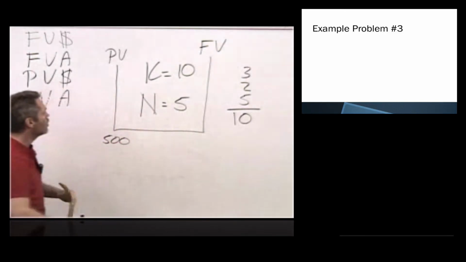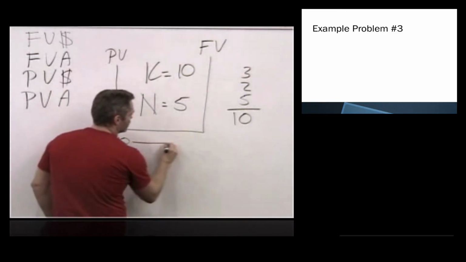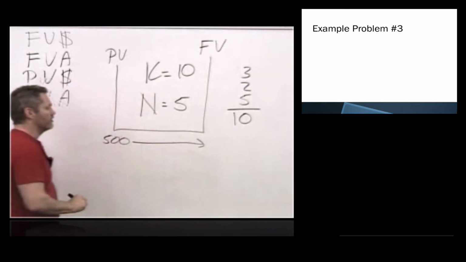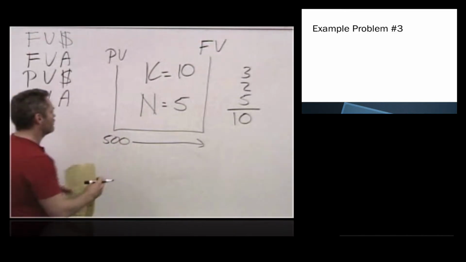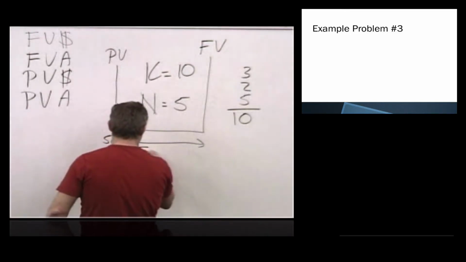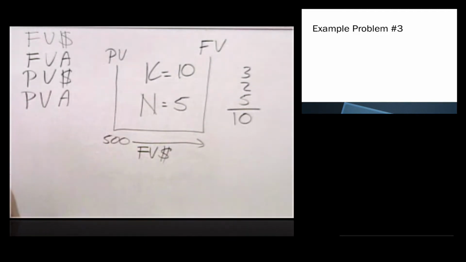So I want to know how much I have in 5 years. So I'm taking my $500. I am going out into the future. It's not an annuity, it's a lump sum. So I'm going to use the future value of $1 chart.